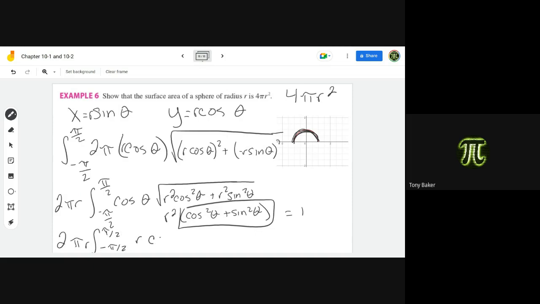So I have r cosine theta d theta. I'll pull out the other r in a second.